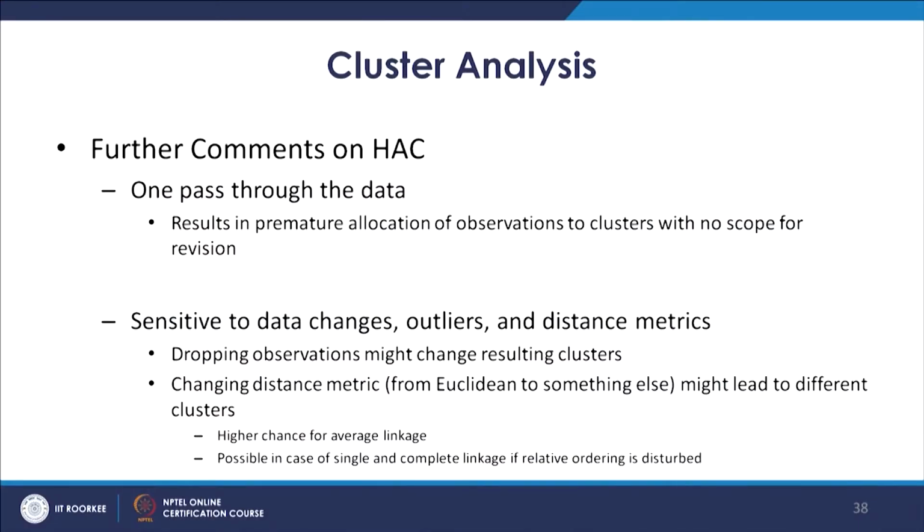Few other limitations, for example, sensitive to data changes. If few observations are dropped or added, then of course the way clusters are produced can change. Sensitive to outliers. A few outliers can also determine in a way how the clusters are produced. Distance matrix. If we change the distance matrix, as we saw, the dendrograms that we produced were slightly different, but that is just for the distance computation between clusters.